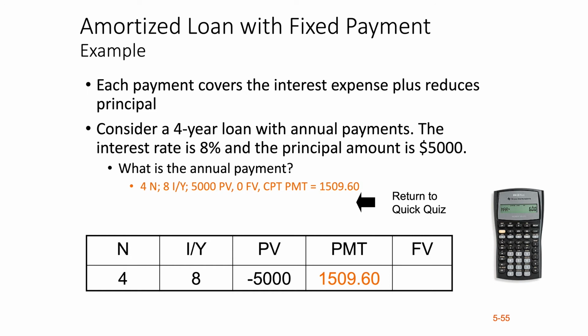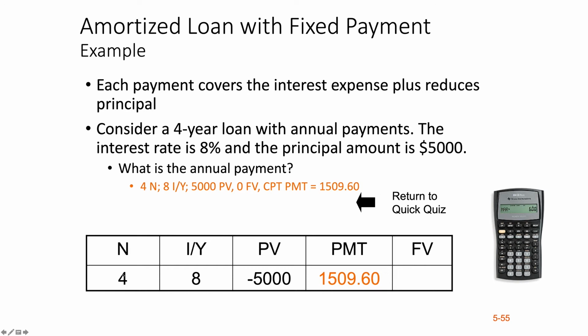N equal to 4, interest rate 8, the loan amount 5,000. You compute for PMT. The payment is 1509.6. Now, how many payments will we make? We do 4. That payment never increases or decreases, the same amount.